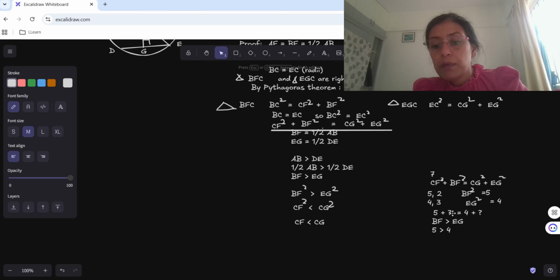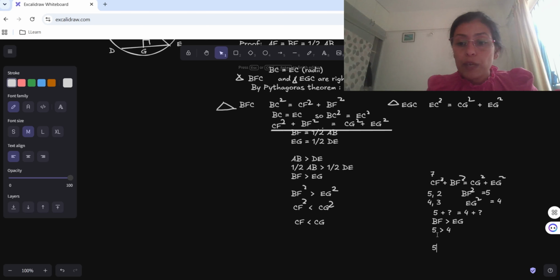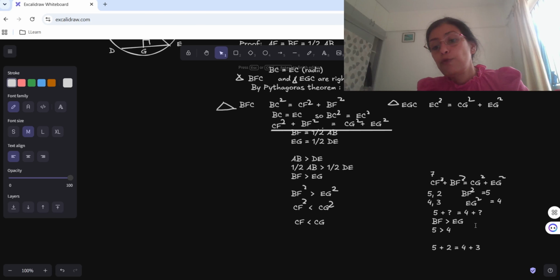So if I have to keep the end result same for both the sides, then what I need to see is that 5 is greater than 4. So here I'll have to add a smaller number. 4 is less than 5. To keep it equal to 5 plus something, I have to add a bigger number, right? So that is why if I have to make it equal to 7, I add a smaller number to 5 and a bigger number to 4.